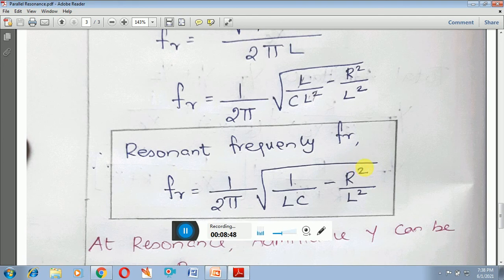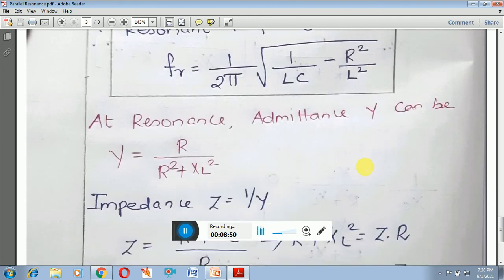Now in the next step, at resonance condition, the admittance Y can be written as Y equal to R divided by R squared plus XL squared, that is considering only the real part.